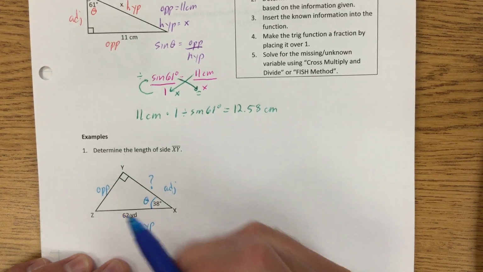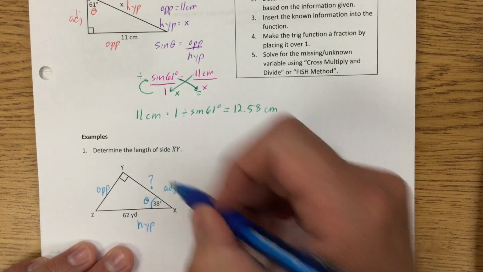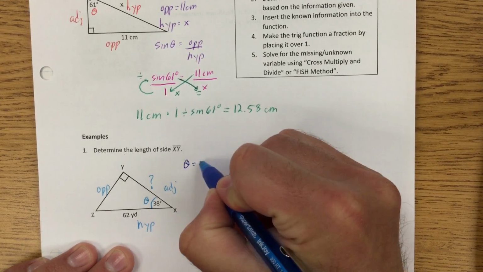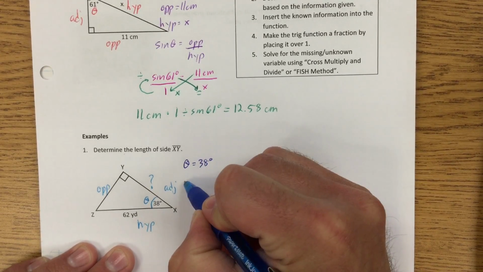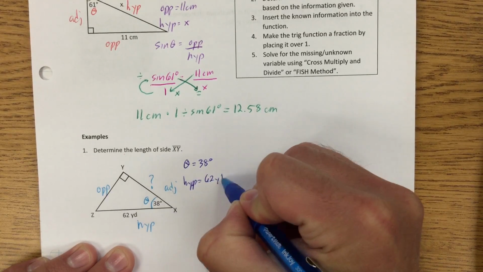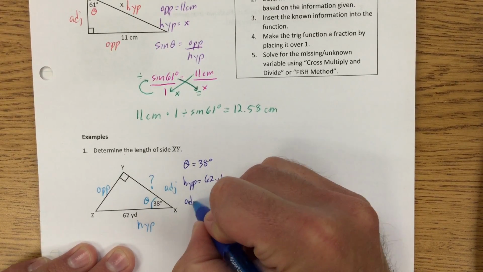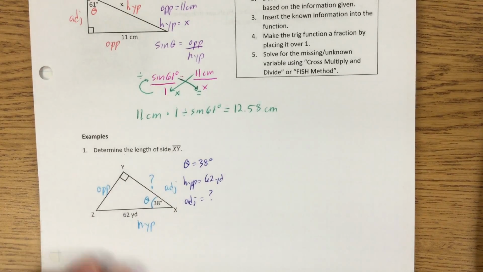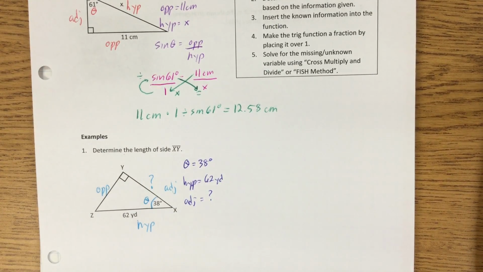So then what we're going to do here is look at the information that we know. Theta is 38 degrees. Our hypotenuse, which we know, is 62 yards. And the adjacent is what we are trying to find. So we always have two pieces of information that we know, one that we are trying to find.